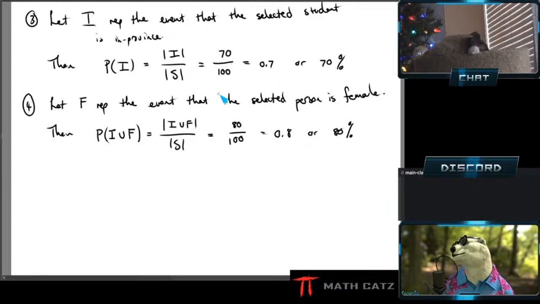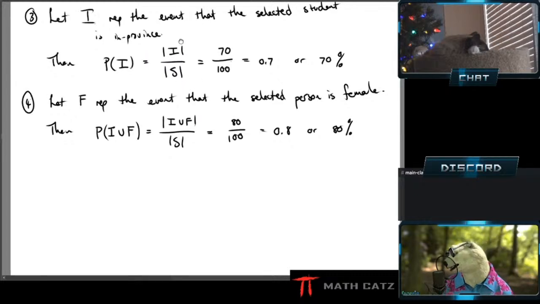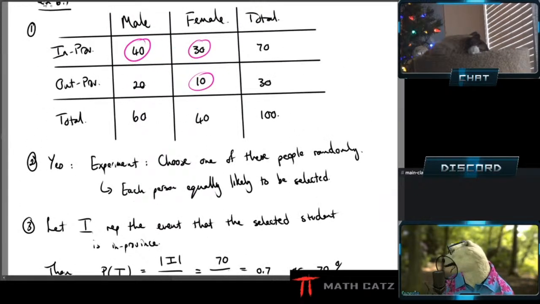So now I can compare, because I might not have a good intuition for these things. If someone asked me what's the probability, or how likely is it, of getting an in-province student, I'd say, looking at the table, yeah, I guess it's very likely. Maybe I have a good feeling because the numbers aren't complicated. Yeah, sure, I see there are 70 there out of 100.